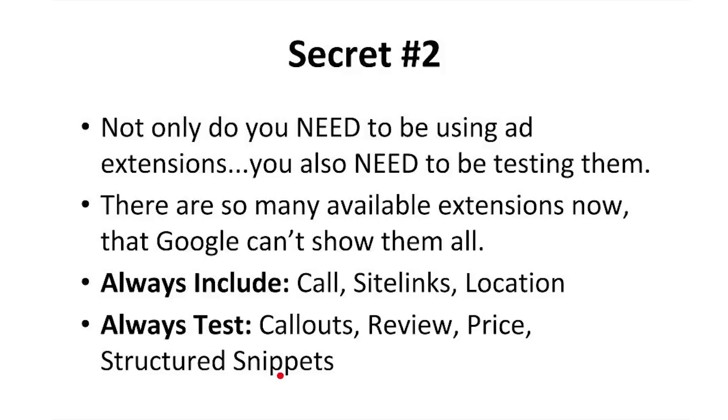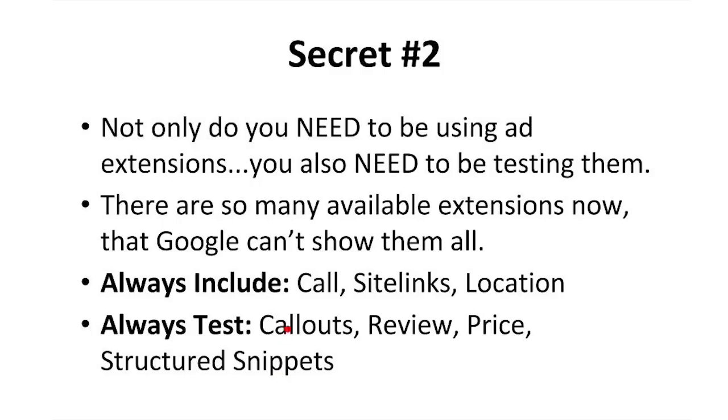Now, one more thing about extensions. Not only do you need to be using them, you also need to be testing them. There are so many available extensions right now that Google can't show them all. So if you are using every type of extension, Google's system is just going to pick and choose which ones to show when.